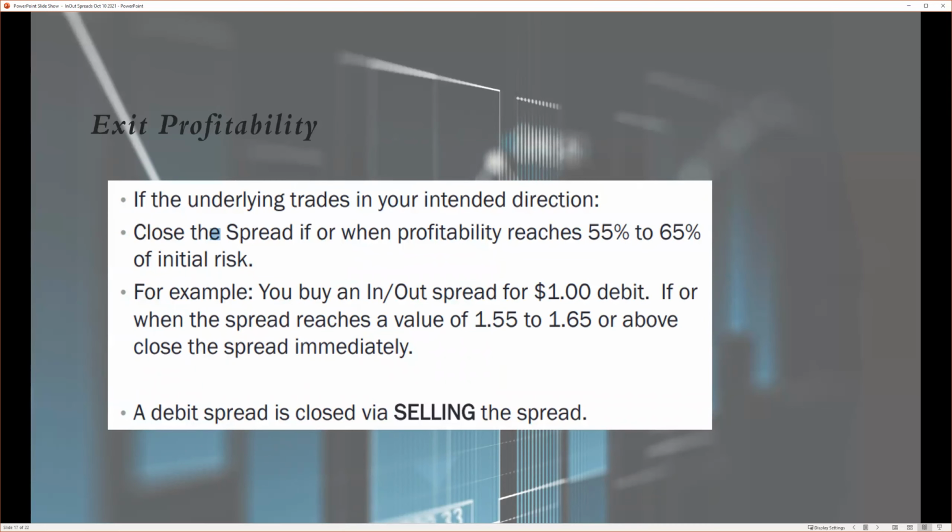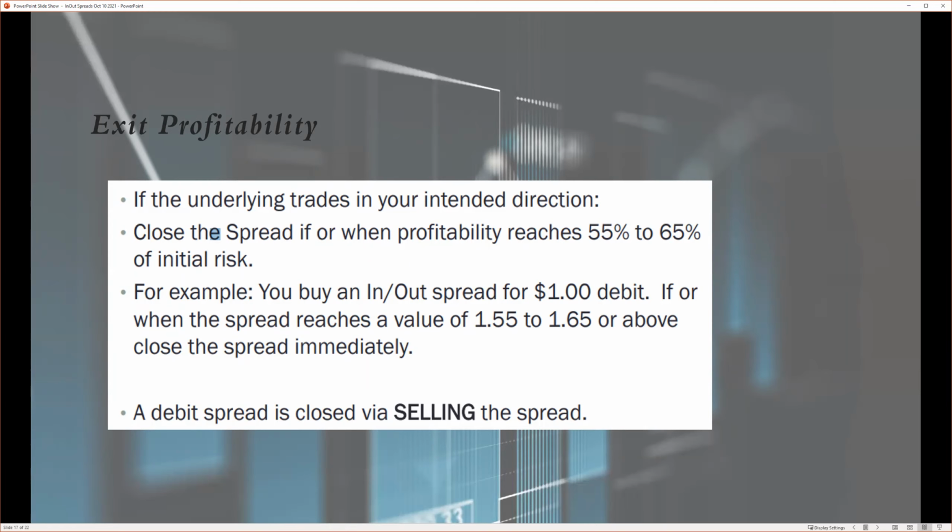So you're going to close the spread if or when probability reaches 55 to 65% of the initial risk. For example, if you buy a spread for a $1 debit, if or when the spread reaches a value of 155 to 165 or above, close the spread immediately. A debit spread is closed by selling the spread.